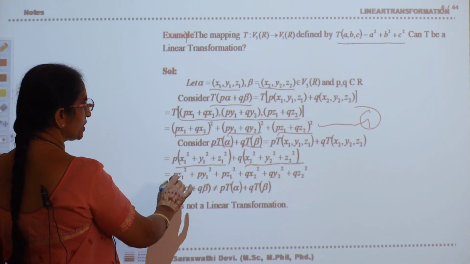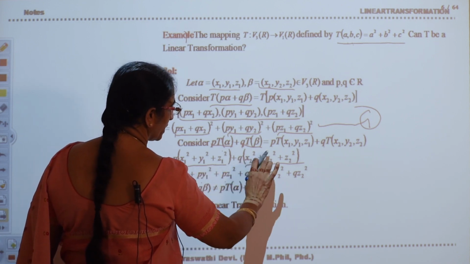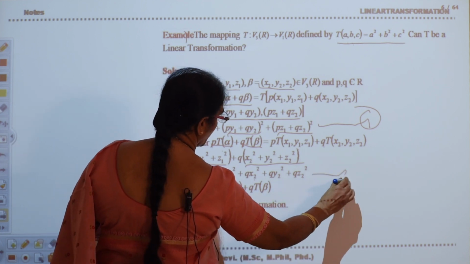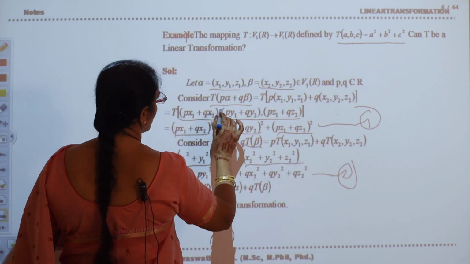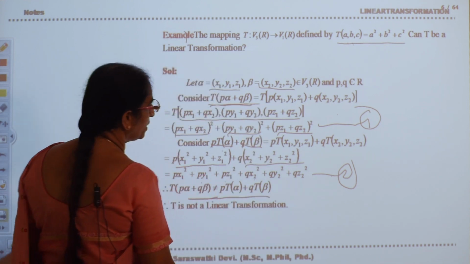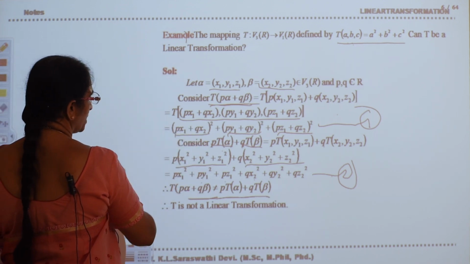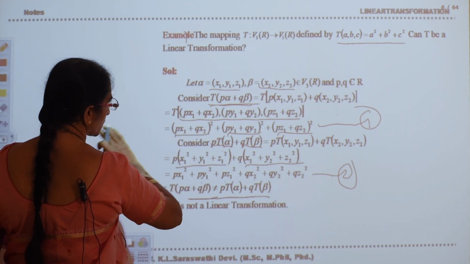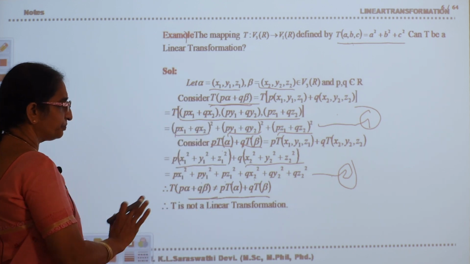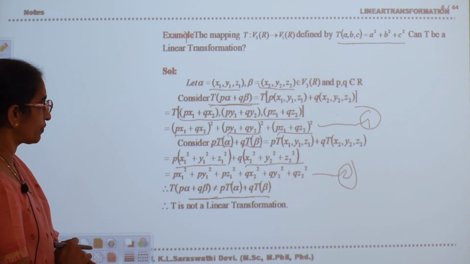This is p x1 square, p y1 square, p z1 square plus q x2 square plus q y2 square plus q z2 square. Now let it be 2. From 1 and 2, you can say that T of (p alpha plus q beta) is not equal to p into T of alpha plus q into T of beta, because here you get p square x1 square, q square x2 square, like that the terms, these two are not equal. Therefore, you will say that T is not a linear transformation.